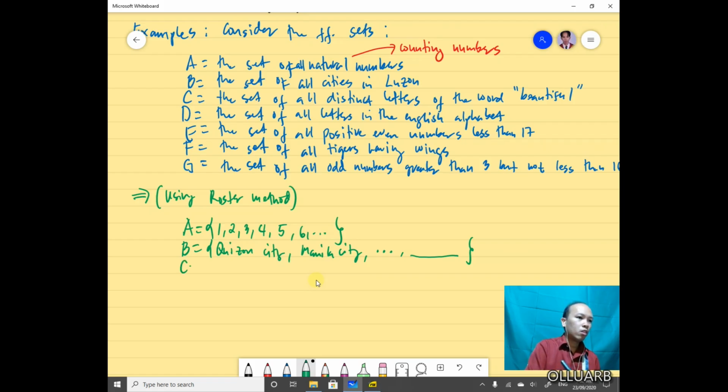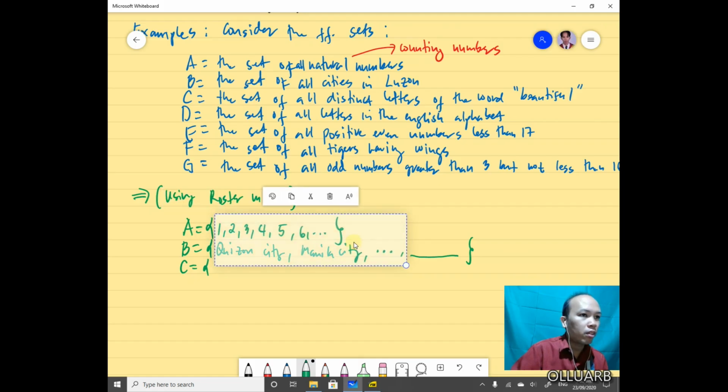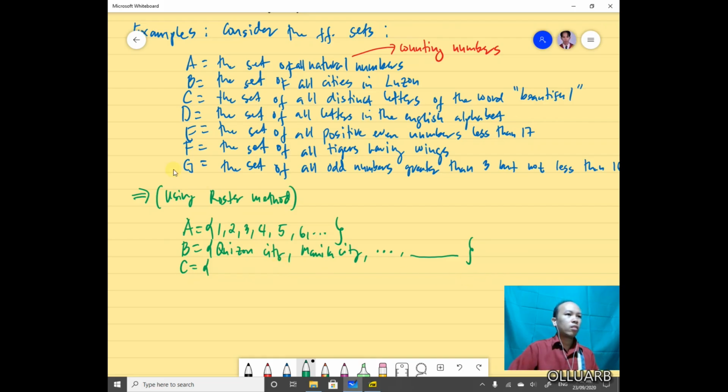For the set C, notice also it is enclosed by a pair of braces. Letter C, the set of all distinct letters of the word beautiful. So distinct letters, so you are going to write the distinct letters.